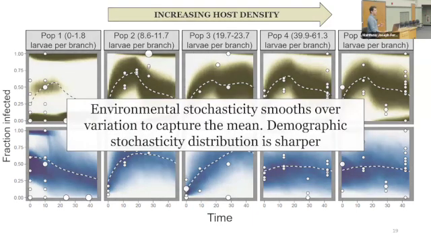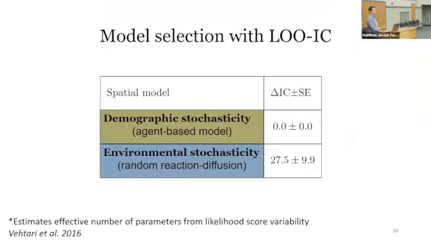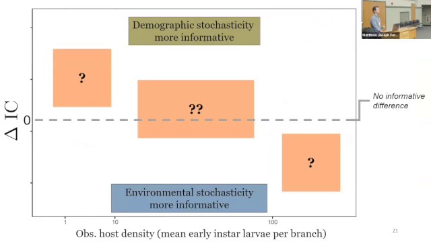So, like I said, stochasticity smooths over this mean. Demographic stochasticity makes this distribution sharper. And instead of going by eye, we can actually get an information criterion out of this, saying that demographic stochasticity is more informative for our system. But what about this relationship with population size and the actual explanatory power that this possesses?